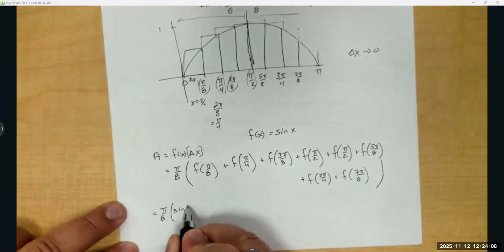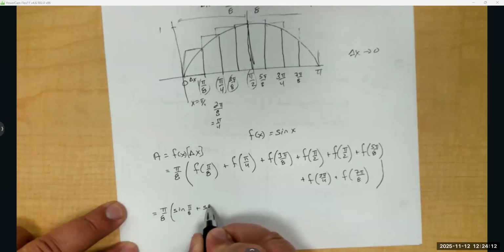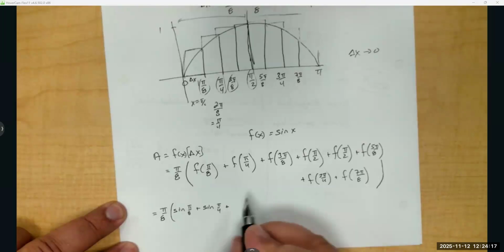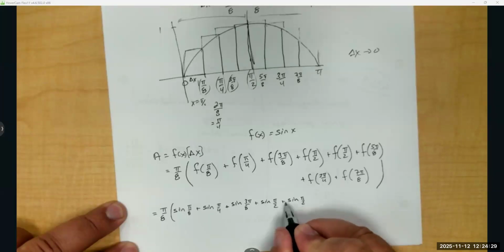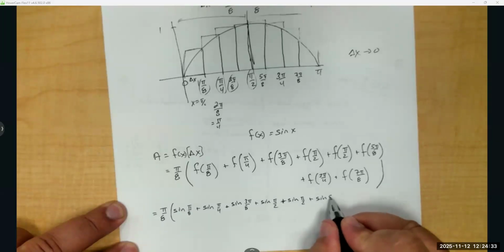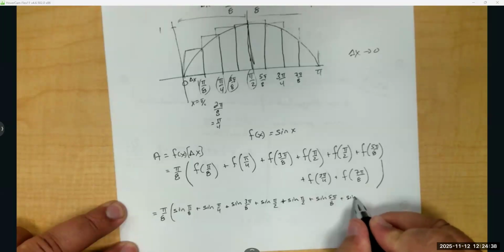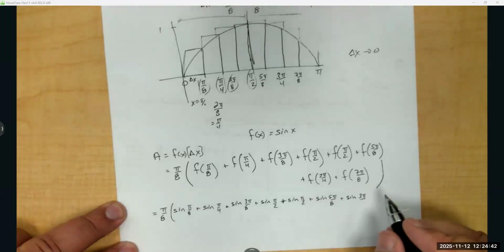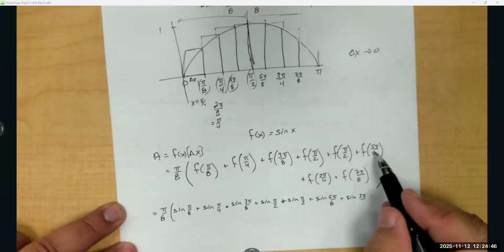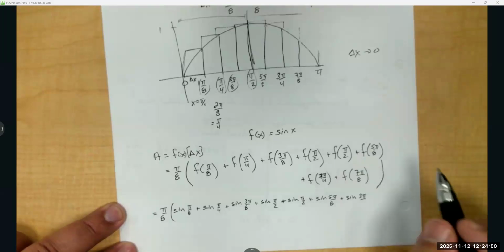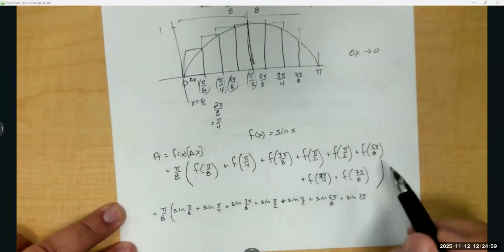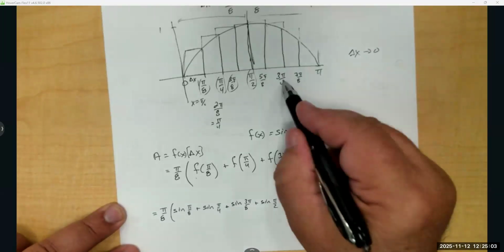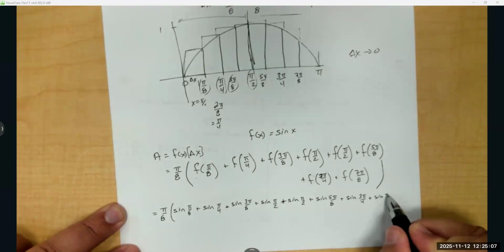So it's sine pi over 8 plus sine pi over 4 plus sine 3 pi over 8 plus sine pi over 2 plus sine pi over 2 again, sine 5 pi over 8, sine 3 pi over 4 plus sine 7 pi over 8. One, two, three, four, five, six, seven, eight.